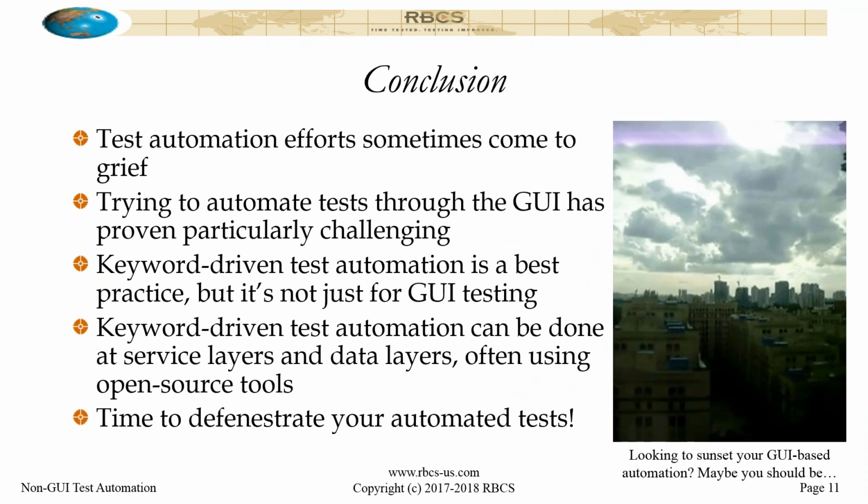Okay, so as I mentioned at the outset, we have a lot of clients that have told us tales of woe with respect to test automation efforts, and a lot of times that comes with the part that talks about we were trying to test through a graphical user interface.